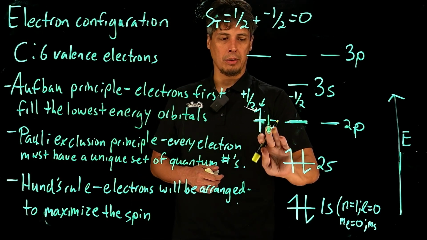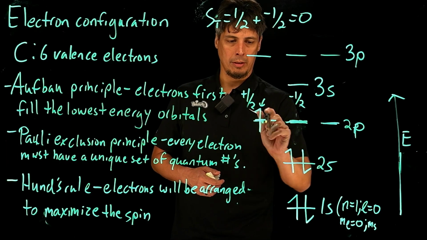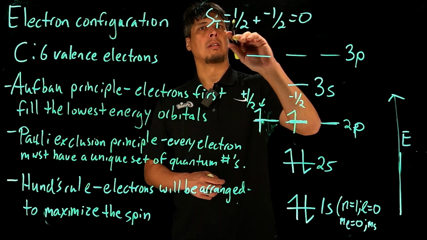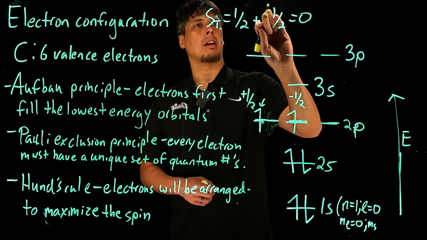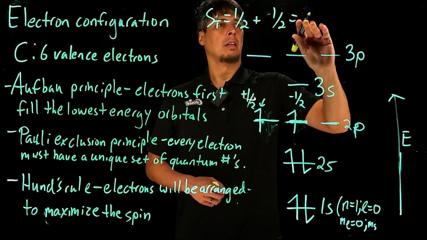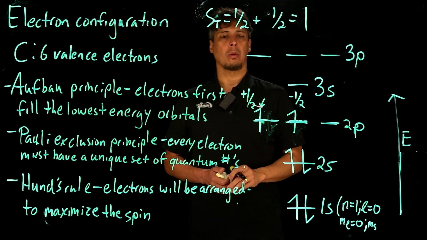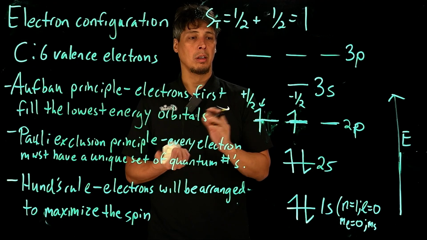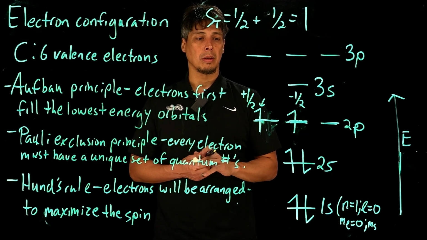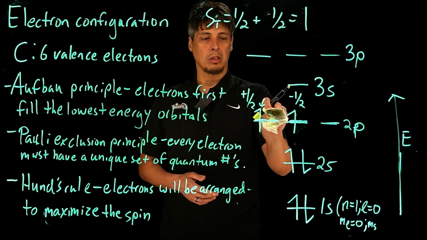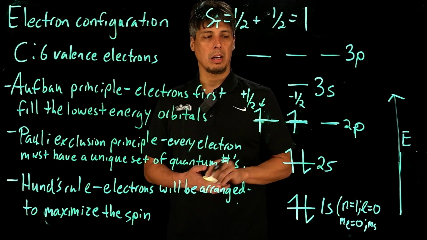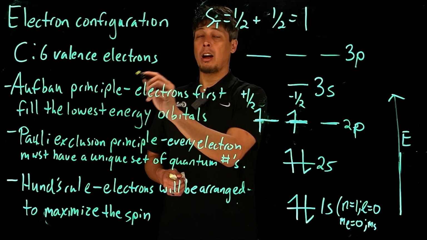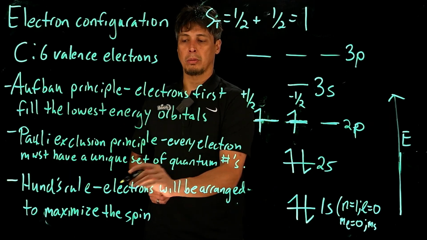But in this configuration here, we would have a spin total equals 1/2 plus 1/2 equals 1, and that would allow us to have the lowest energy electron configuration for carbon. And so what we end up with is our most stable configuration as written like this, and this is from following the Aufbau principle, the Pauli exclusion principle, and Hund's rule.